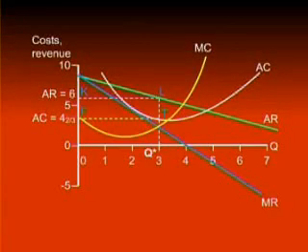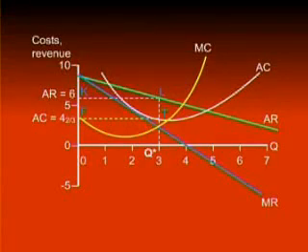As you can see, we first choose the output level that has been suggested by the intersection of the marginal cost and marginal revenue curves, and that happens at Q star, which is 3. Then we rise vertically and see where the vertical intersection of this output will be with the average revenue or demand curve. That is at point L.